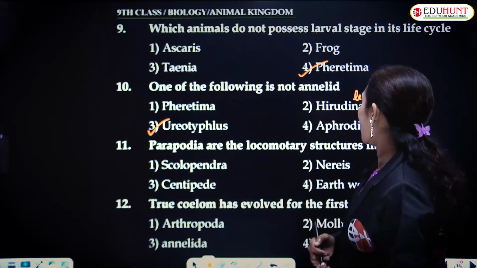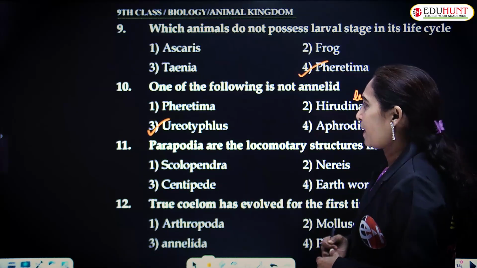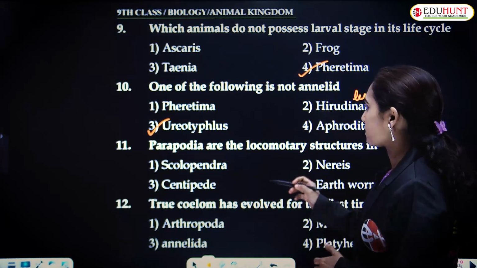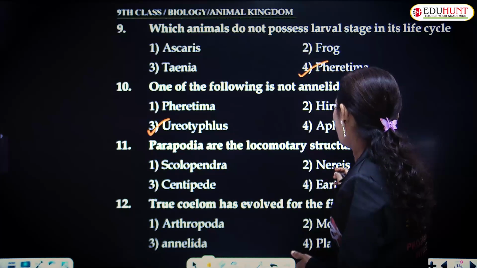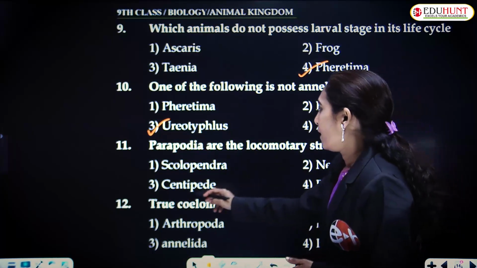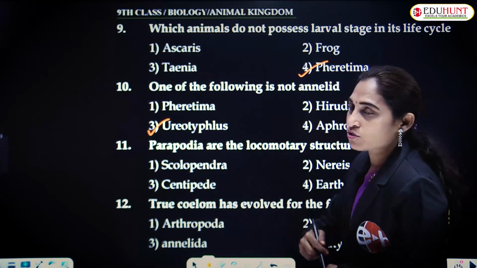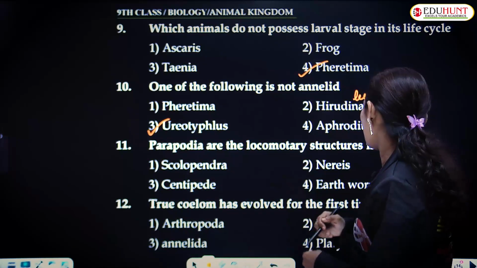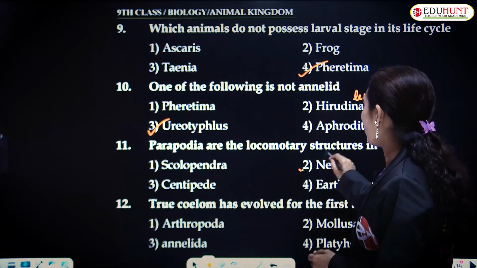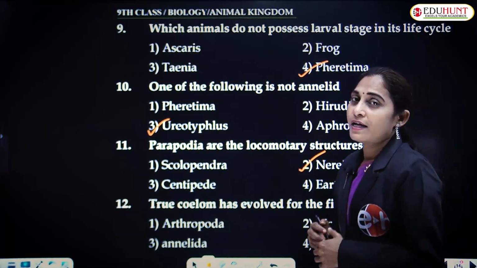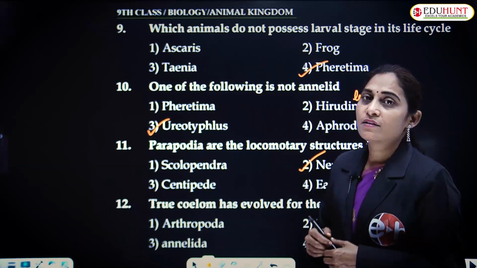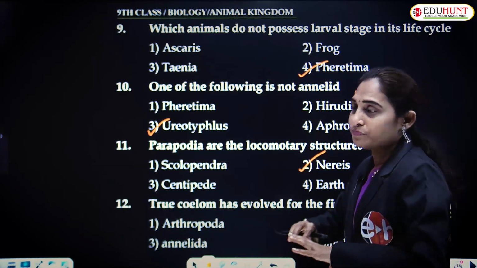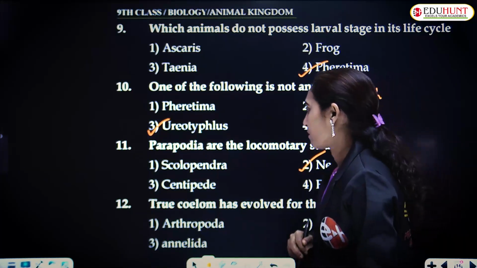Parapodia are the locomotory structures in... Scolopendra. Scolopendra is an arthropod. Nereis, centipede. Centipede is also an arthropod. Earthworm, no. So Nereis is the example of the animal having parapodia as locomotory organs.